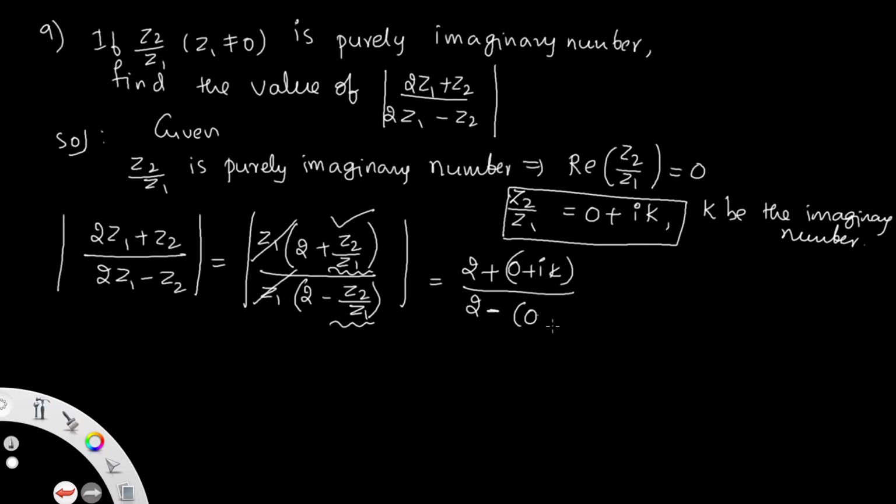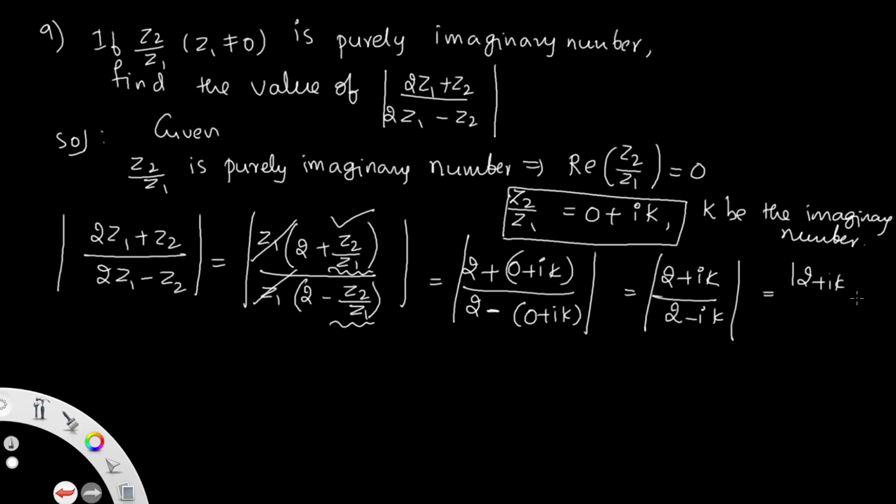What is in the modulus? That is 2 plus ik divided by 2 minus ik, in the modulus. It is in the form mod z1 by z2, nothing but mod z1 by mod z2. So the modulus of 2 plus ik divided by the modulus of 2 minus ik.